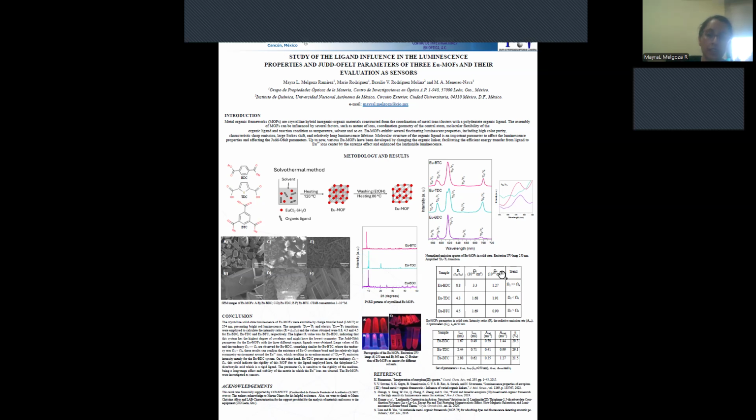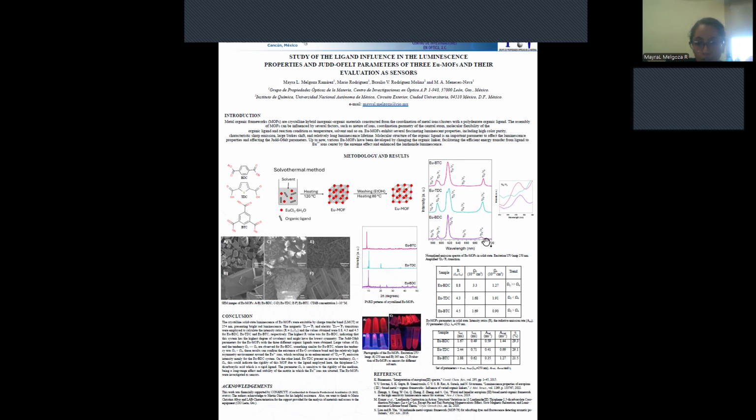Omega-2 is calculated using the intensity of the hypersensitive transition, which is this one, 7F2, and is the most intense in the three systems.